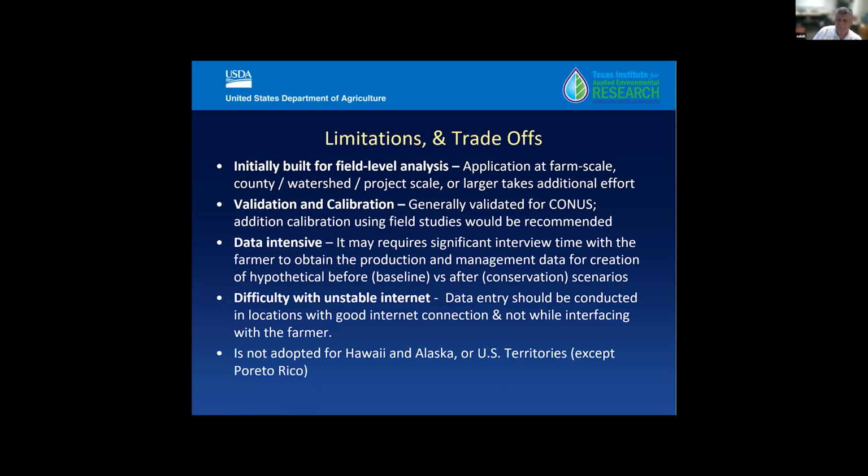Validation and calibration. One thing needs to be done. We are using the state program we have for different states. As you go to the NTT, you will see the list of states where we have done this using government sites and some information from literature, and we validate for the major cropping systems for each state, which makes it available, and the list is out there to see if your state is in it.